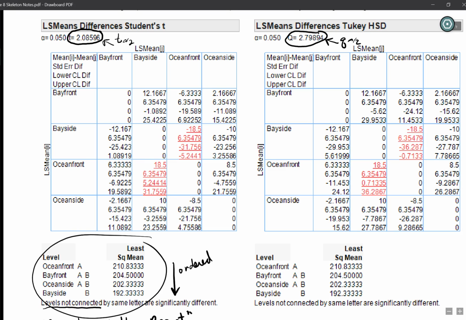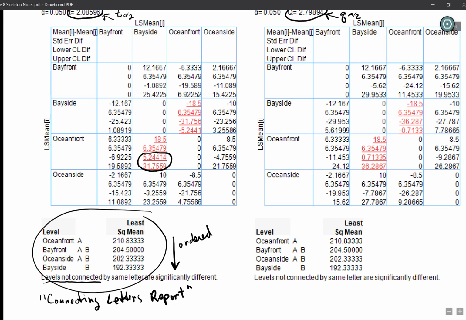The difference in the sample means was 18.5, and the standard error of the difference is 6.35. The lower bound of the difference is 5.24, and the upper bound is 31.78. Because this confidence interval does not contain 0, that corresponds to rejecting the hypothesis that the oceanfront mean is the same as the bayside mean, and we saw that in the connecting letters report as well.